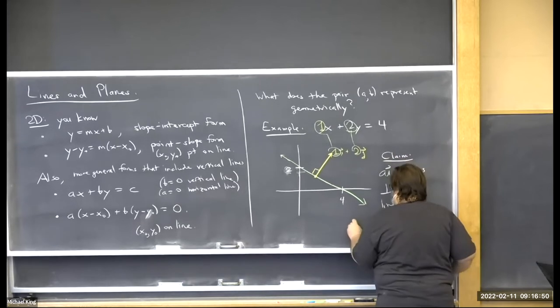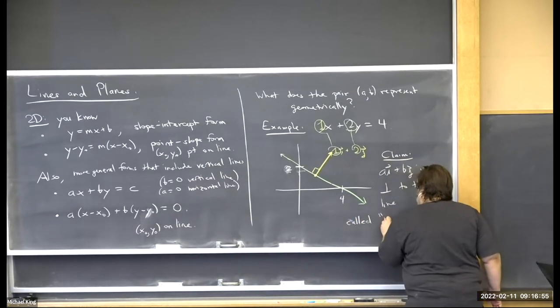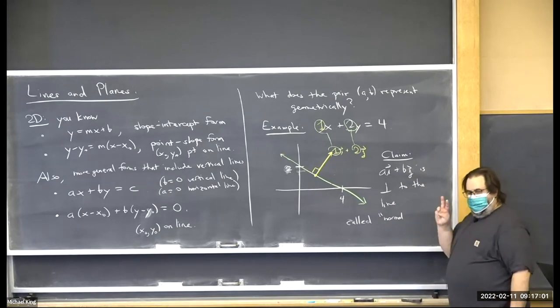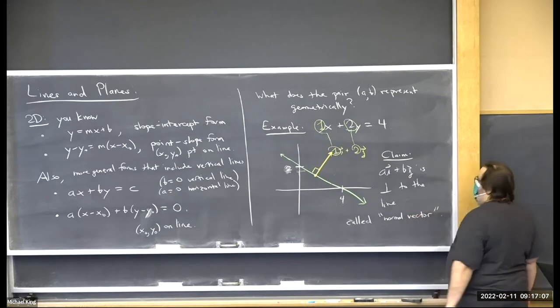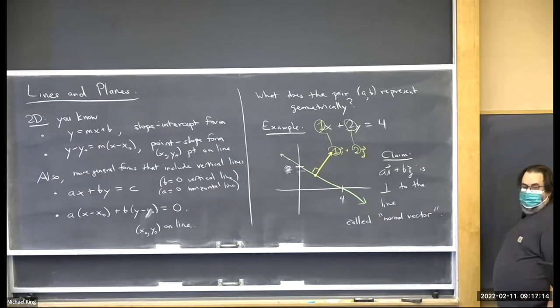It's called a normal vector. One thing that's going to be sort of silly in this class is that there are 3 different words for perpendicular: perpendicular, orthogonal, and normal. They all basically mean perpendicular. You could argue in certain contexts, certain words are more appropriate. But anyways, this is called a normal vector, right? Does that make sense?